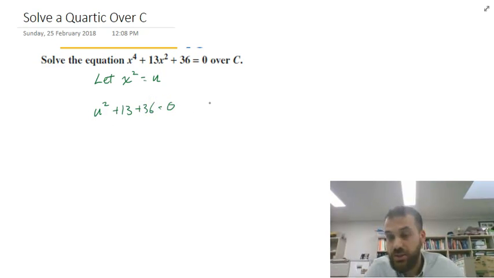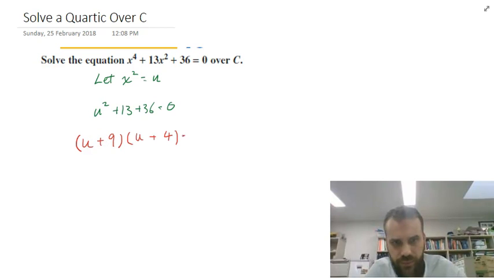Alright, let's solve that. I would say let's solve this by completing the square. Actually, I could solve it by completing the square, but it actually looks like it's going to factorise neatly. So 36, 9 times 4. So u, 9, 4, u.